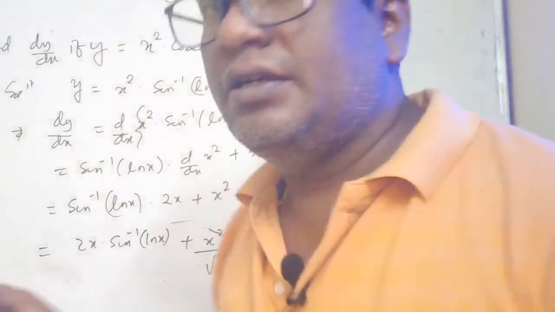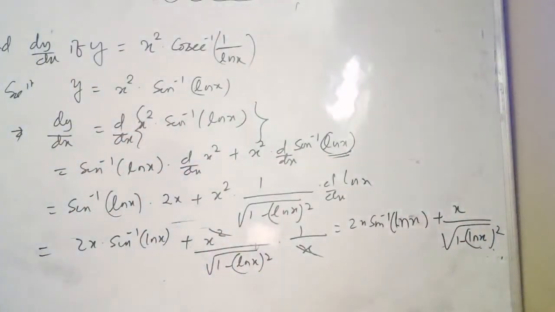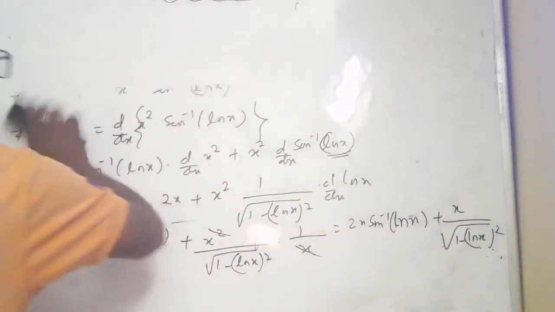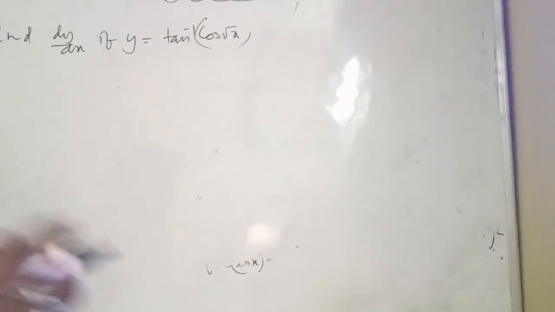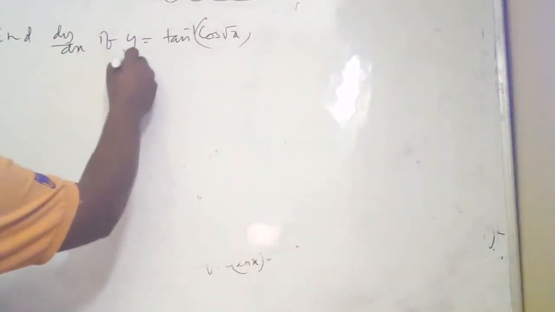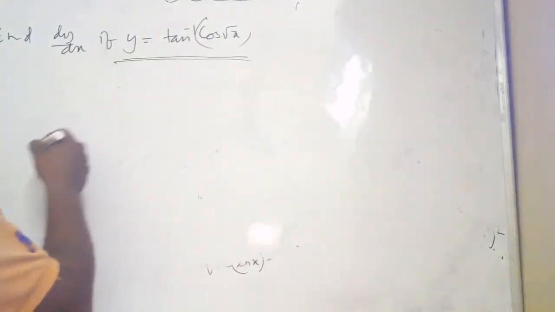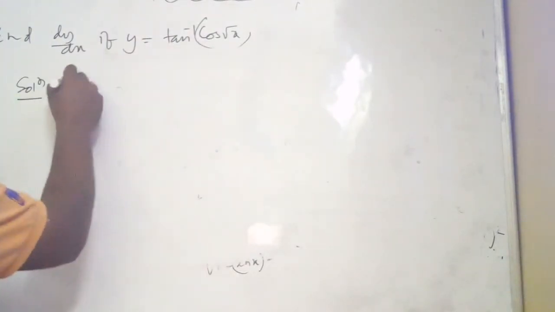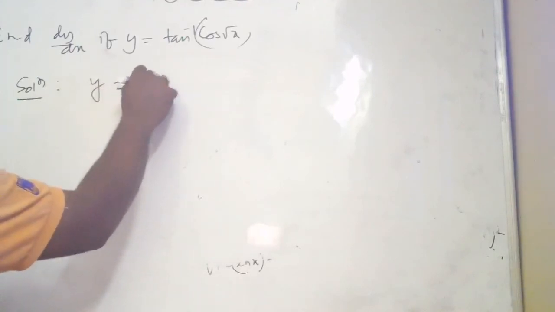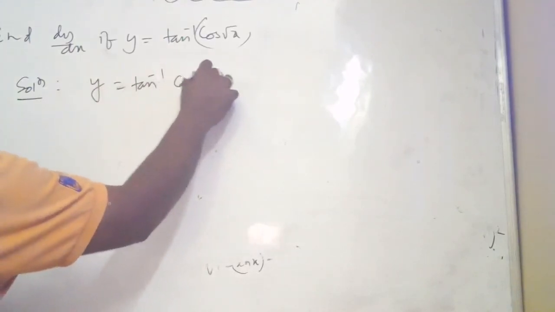And another question. y is equal to tan inverse of cos root x. So the solution is y is equal to tan inverse cos root x.